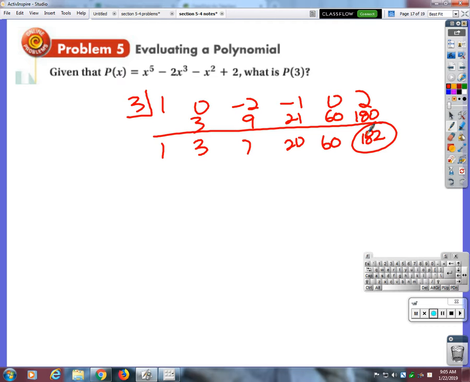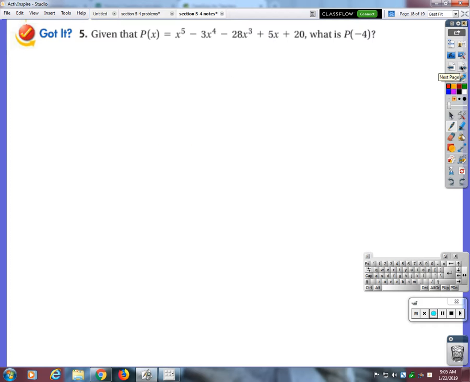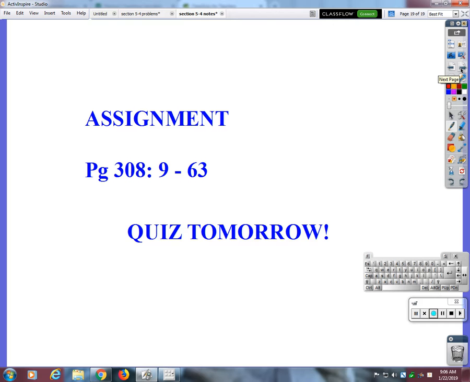Which is slightly faster and slightly easier to do, but like I said, most students forget this part of synthetic division and just do the other thing, okay? But just something to be aware of. So you can answer these questions either way. You can answer them the old-fashioned way if you want, or you can do it with synthetic division.